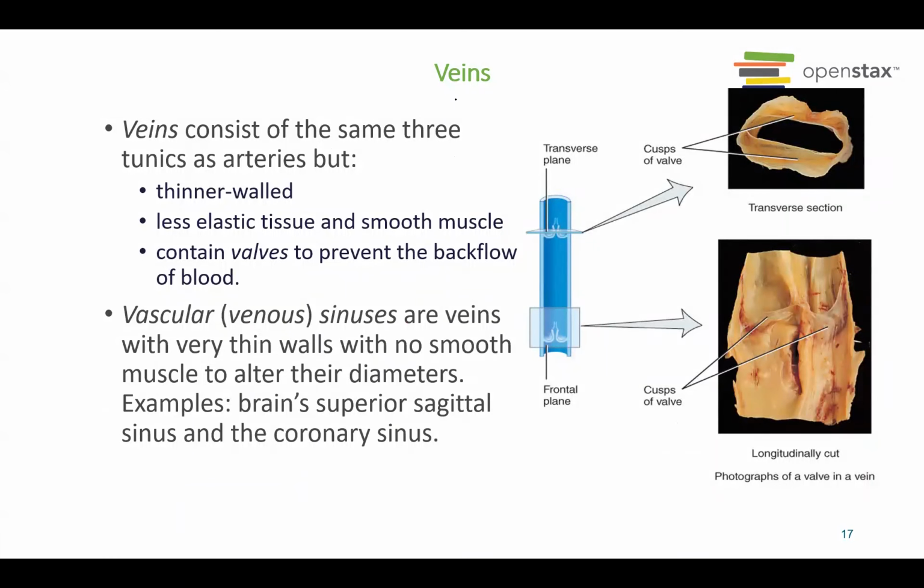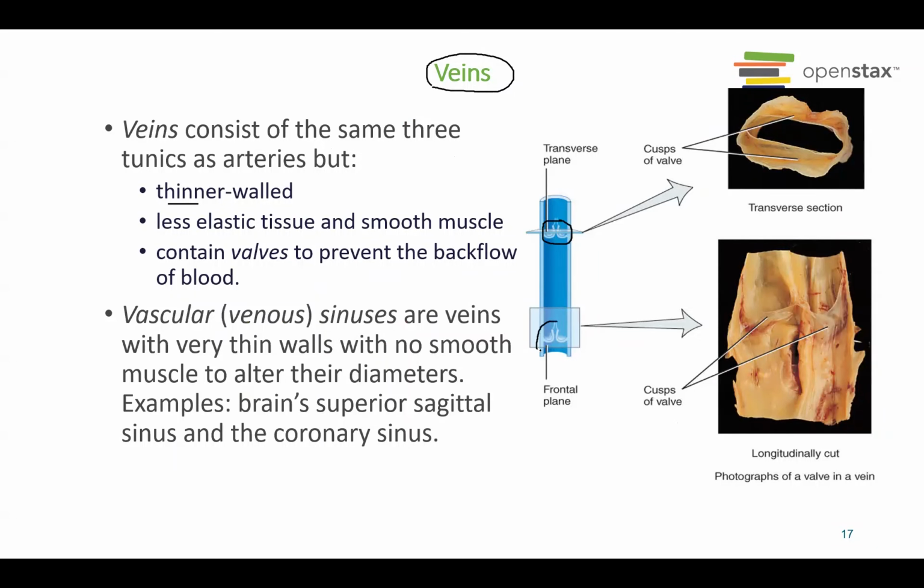Now we're going to look at the vein. Okay, so the vein structure, we have talked about artery structure before. The vein structure has a thinner wall, and the medium-sized veins actually have this. This is really important.